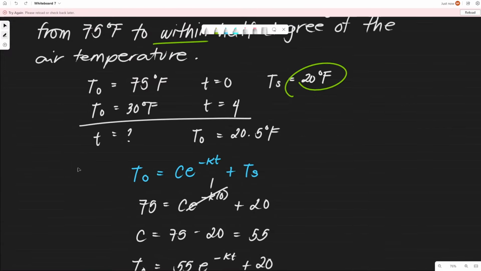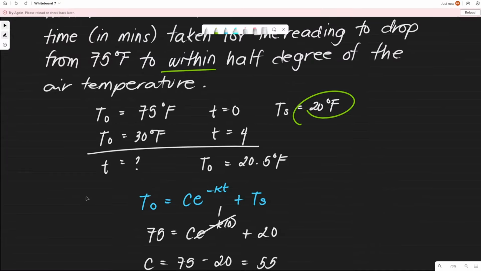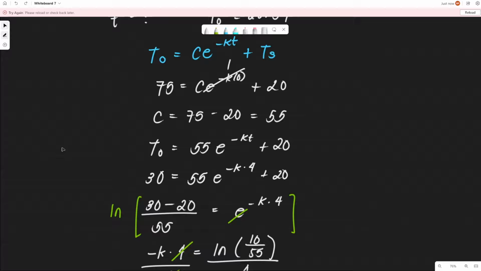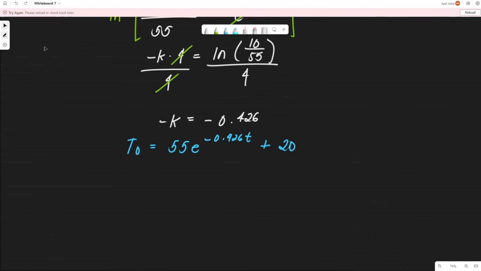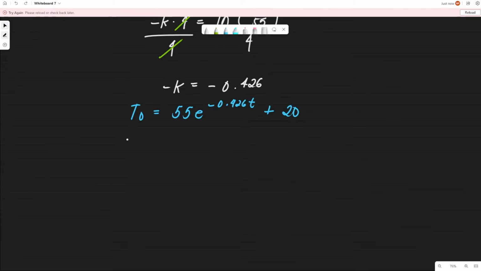What's the time needed to drop the temperature from 75 to 20.5? So we use 20.5.